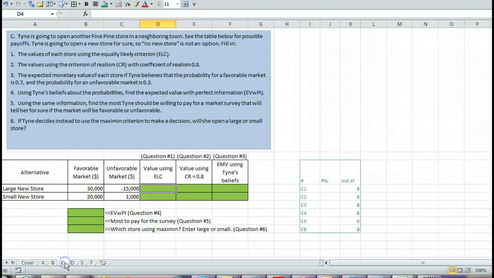Let's look at problem C. In problem C, you're going to be calculating the expected monetary value, the EVWPI, determining the most to pay for something, and determining the max-min decision. You may recall that all of that is in chapter 3. In chapter 3, you'll be able to review what the max-min decision is, what the EMV and EVWPI are, and you'll have the formulas that you need.